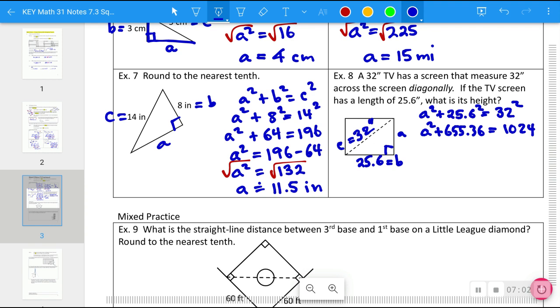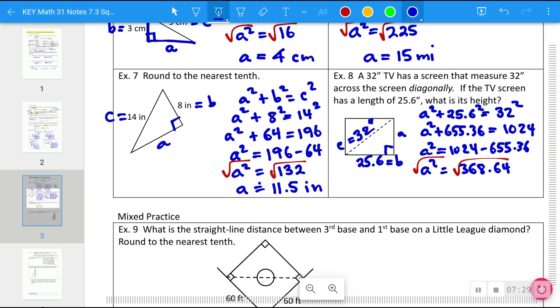Now, if you subtract the 655.36 off both sides, it gets you down to A squared is equal to 368.64. And all we have to do is take the square root of both sides.